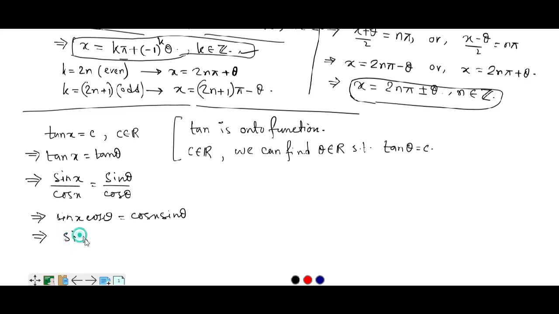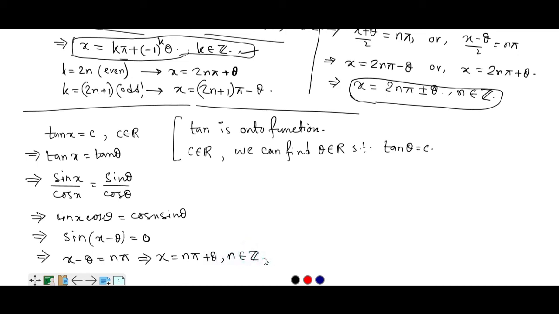That means it is sin of (x minus theta) is equal to 0. That means x minus theta is equal to n pi. So from this we can write x is equal to n pi plus theta, where n is an integer.